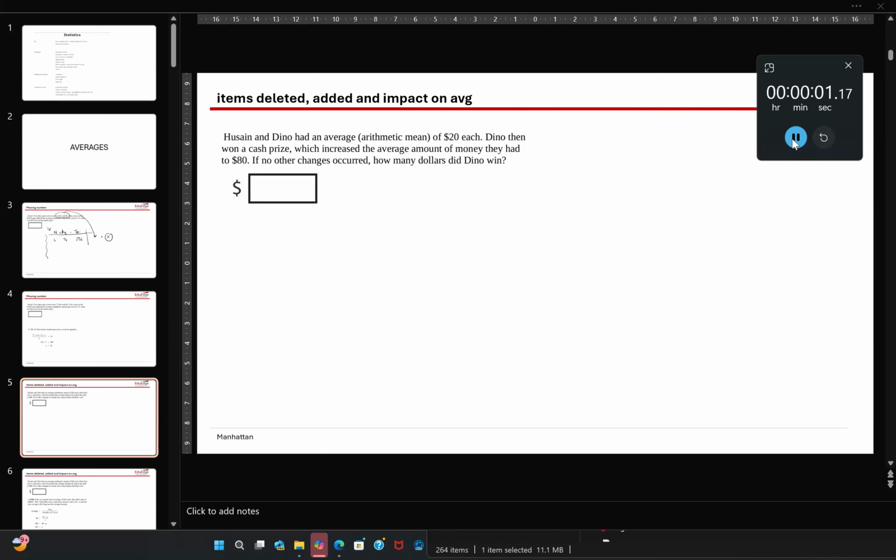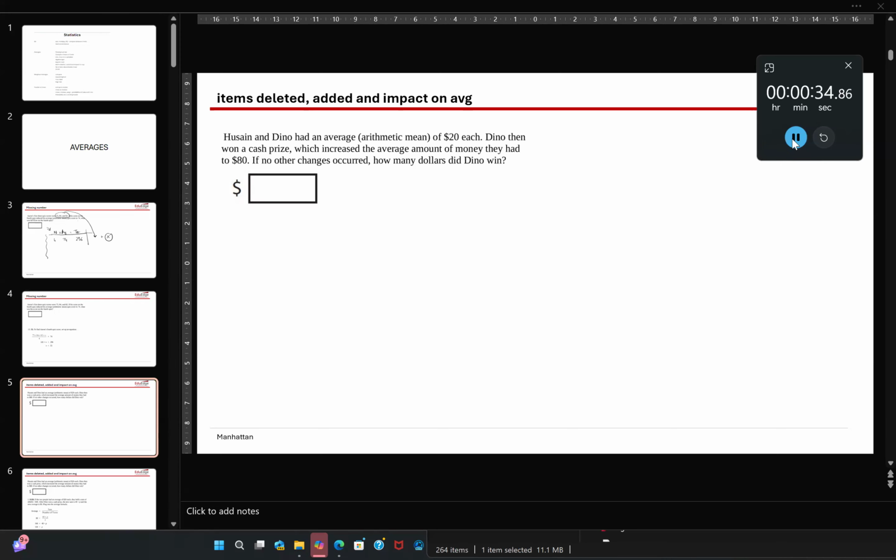Okay. This one. Try it. Average arithmetic mean at 20 age. 40, no?